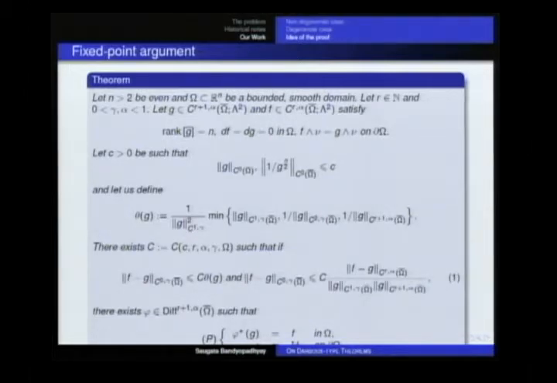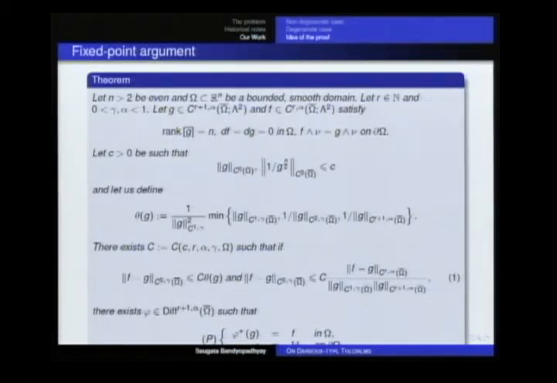The reason I wanted to show you this is the following. It justifies why we need the added regularity on the boundary. If you look at the fixed point theorem, you see that G is of the class C^{r+1,alpha}, and F is C^{r,alpha}. So to use the fixed point method, we need added regularity on G in the interior.